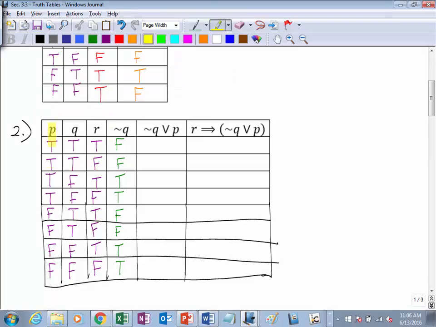So I'm looking at the not Q column and I'm looking at the P column. And the only time this next column is going to be false is if both of those are false. So here on the 5th and 6th line, those are my only two F's in that column, and the rest are going to be T's.